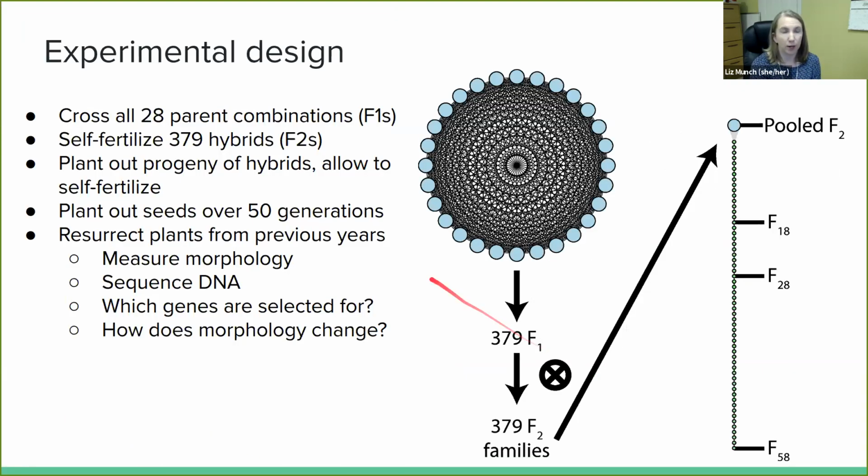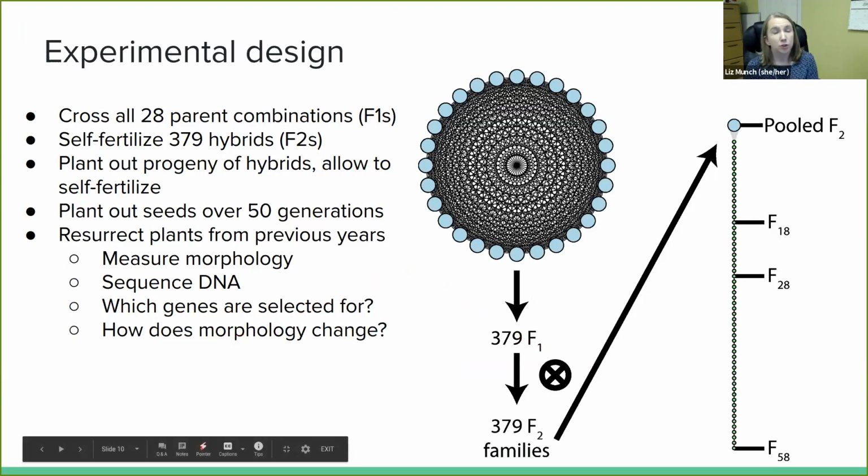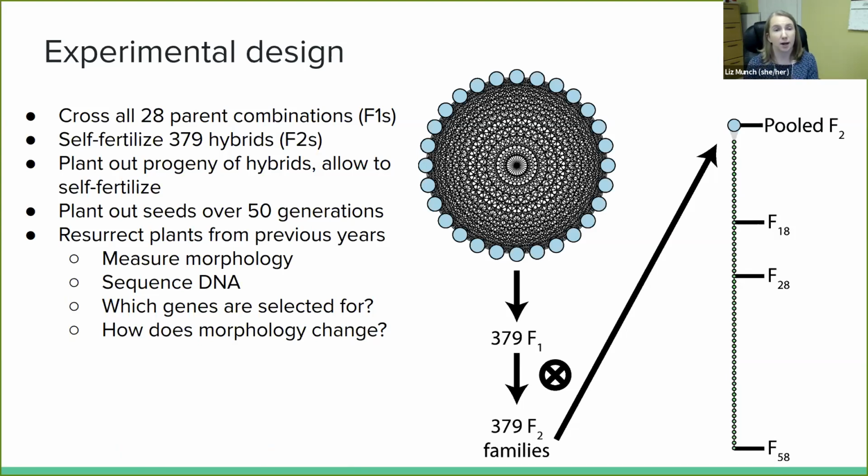All right, so the basic design is the following. We have 28 parents, the 28 founders that we brought from the different regions. And these were taken and specifically crossed. We got all pairs crossed, so we have 379 hybrids. Each of those hybrids is then planted out in its own field and allowed to self-fertilize. In theory, they all fertilize with their own hybrid. There's going to be some cross-pollination, but for the most part, it tends to stay pretty stable.